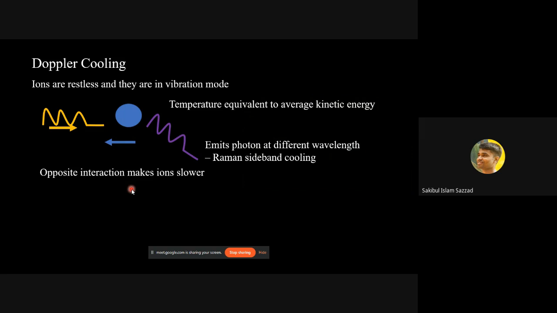Basically, let's say an ambulance is coming towards me, the more it is coming towards me, the higher the pitch of the sound I hear. Then when it has passed by and is moving away from me, the sound is getting lower and lower. So basically the same thing happens in Doppler cooling.